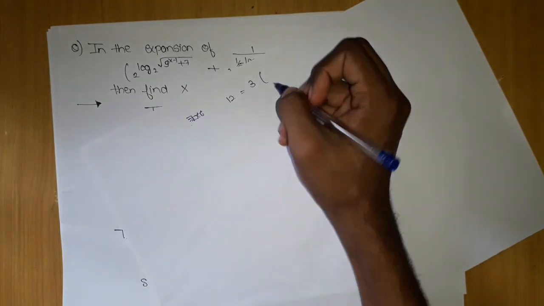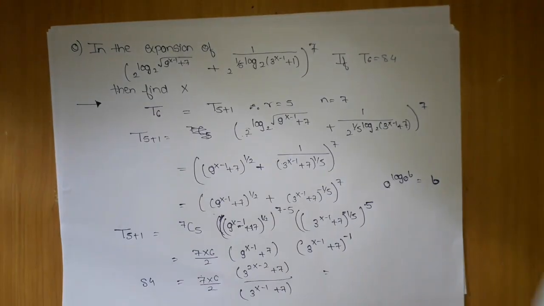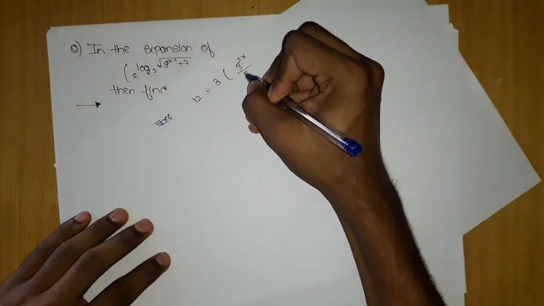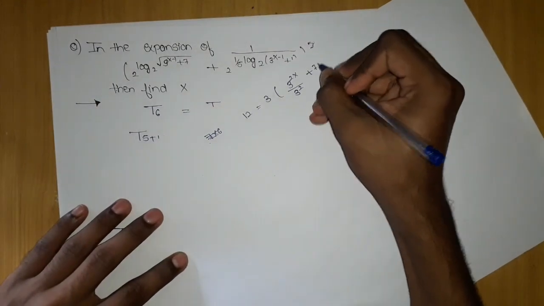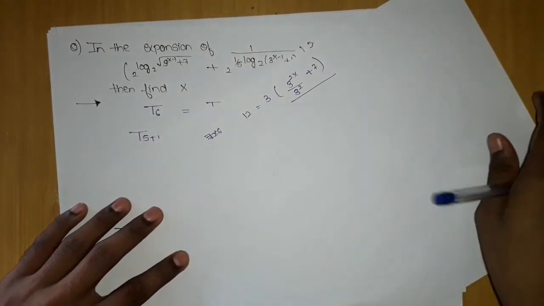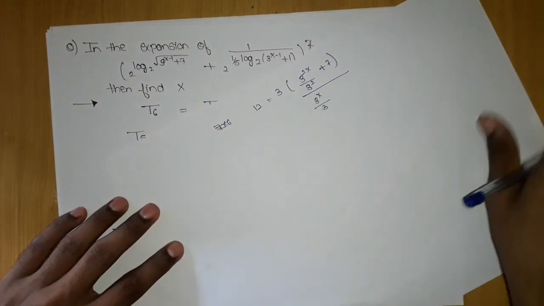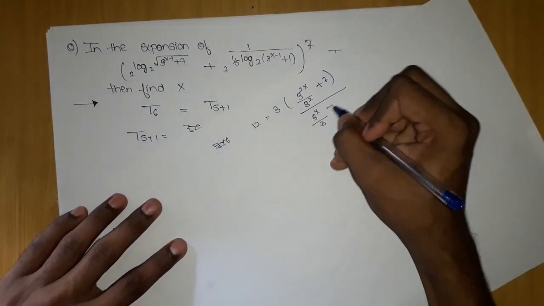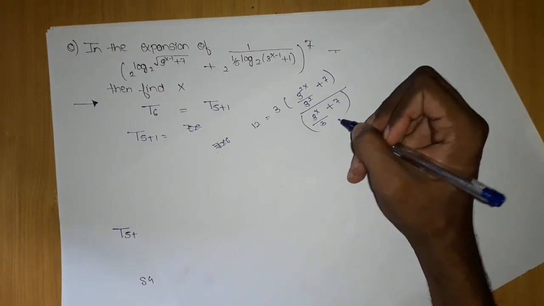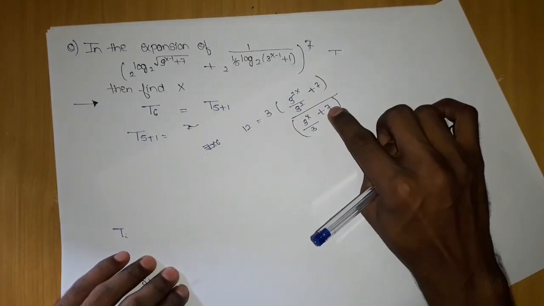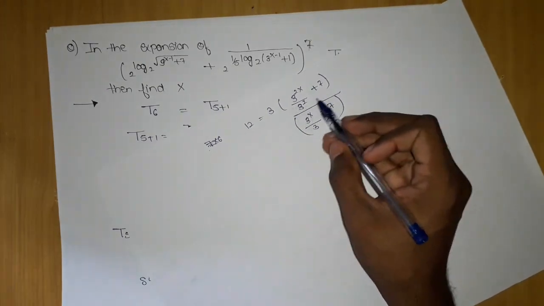And here we are having 3 power 2x by 3 power 2 plus 7, the whole upon 3 power x upon 3 plus 7. So what we will do, we will multiply this here, and we will multiply this here, and try to cancel out the 3.